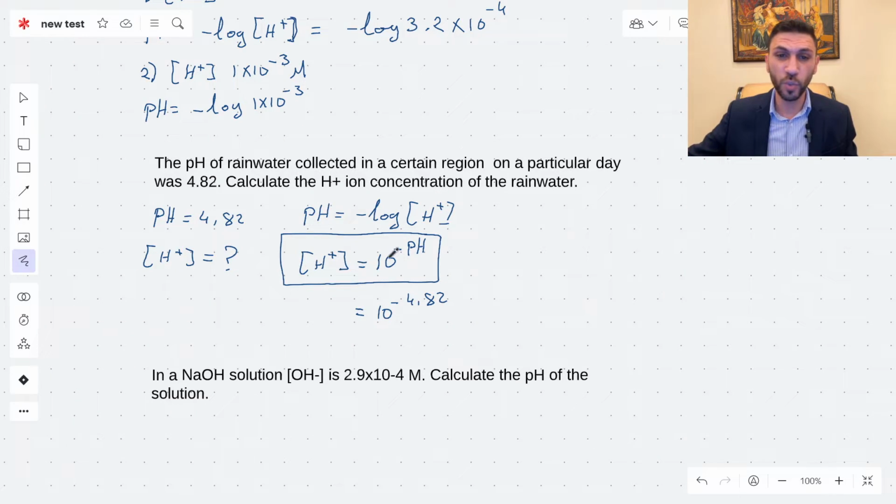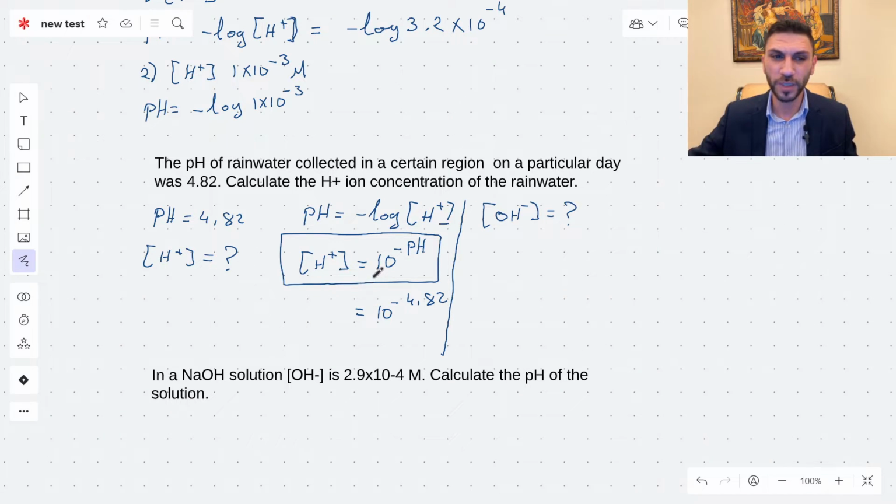What if this question also asks you, let's make it a little harder, how much is the concentration of OH negative in this case? So we need to do a trick here.